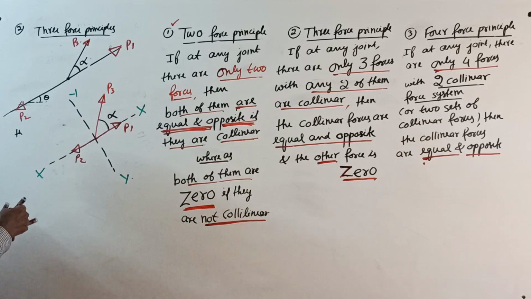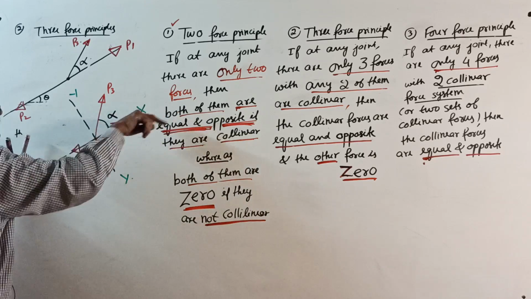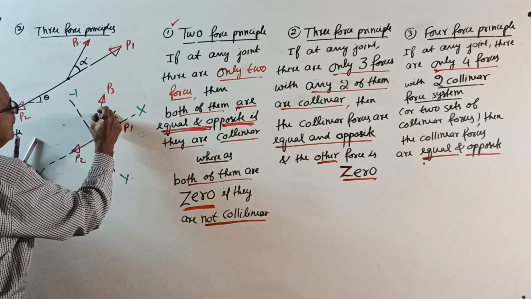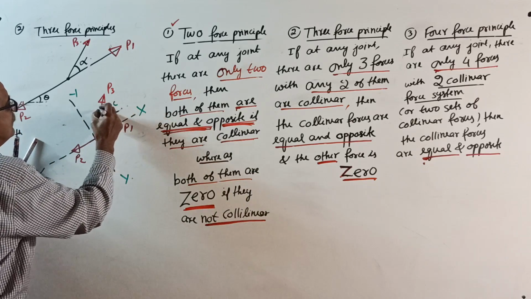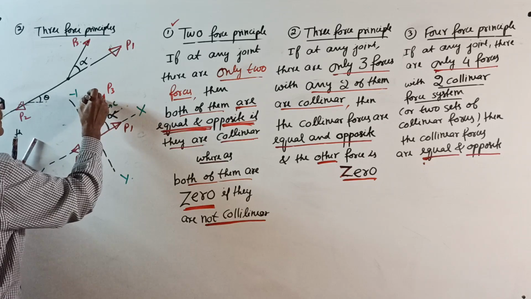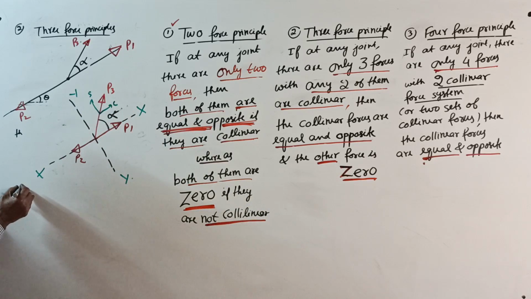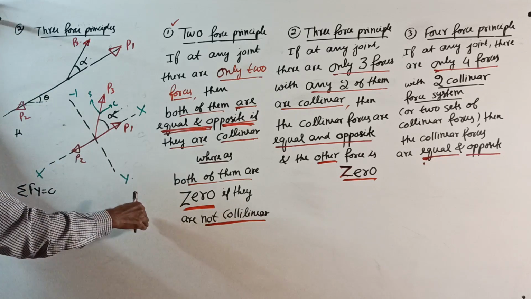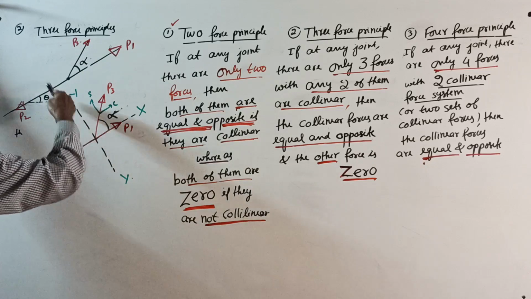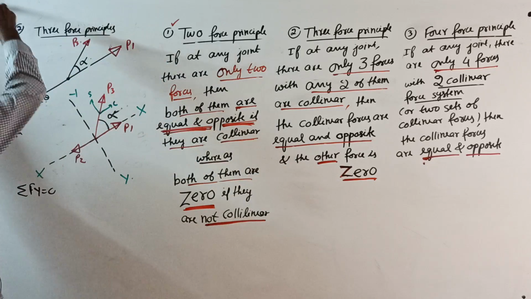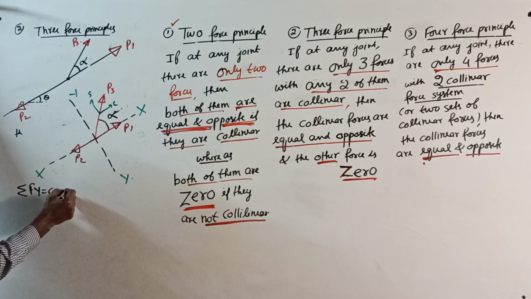Now surely this angle is alpha. Now you resolve along xx and yy. This component is cos, this component is sine. Now, referring to xx, yy, directly make sigma fy equal to 0 first. What do you get? Plus P3 sine alpha.